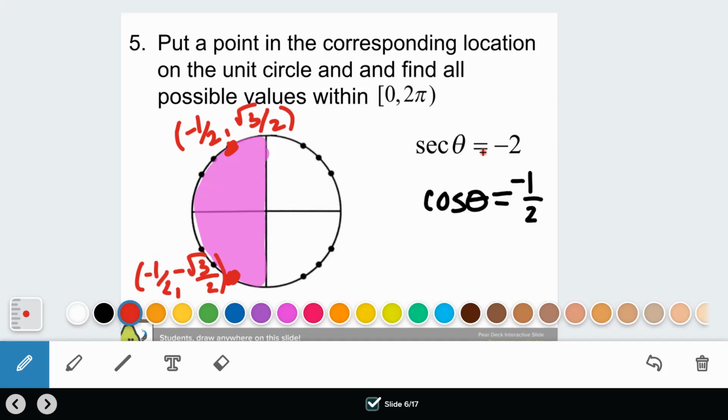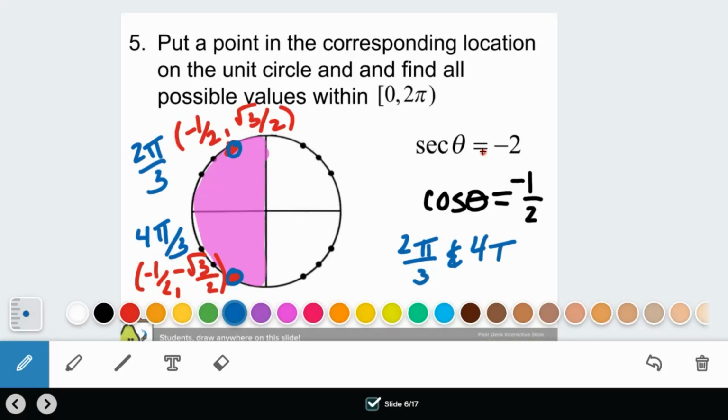But what I want, and I'll write it in blue, is the radians. So the radian for the top one is going to be 2 pi thirds. The radian for the bottom one is going to be 4 pi thirds. So my two answers are going to be 2 pi thirds and 4 pi thirds.